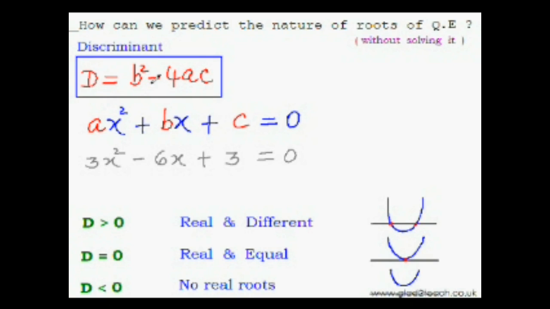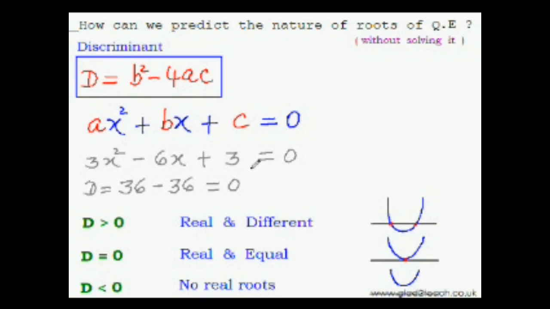So D equal to b square minus 4ac. b square is minus 6 square, which is 36, minus 4ac. 4 times 3 is 12 and 12 times 3 is 36. So 36 minus 36 is 0. D is equal to 0.